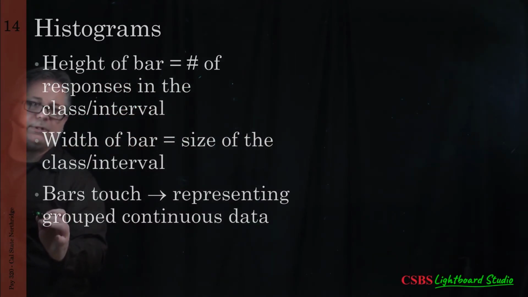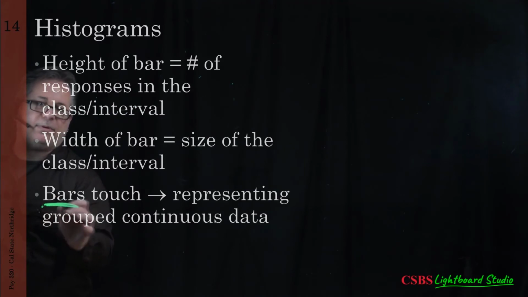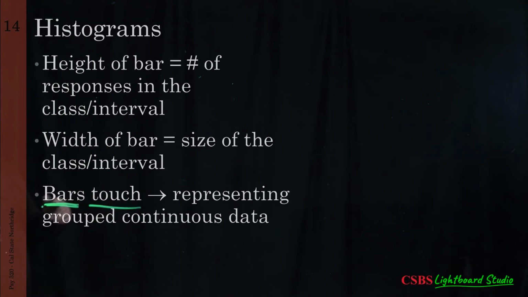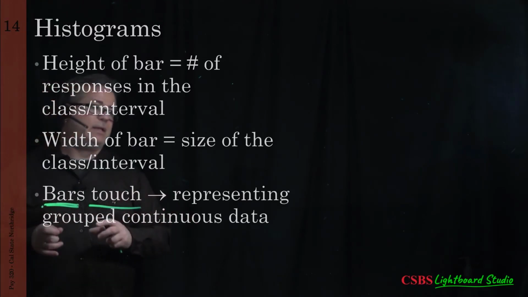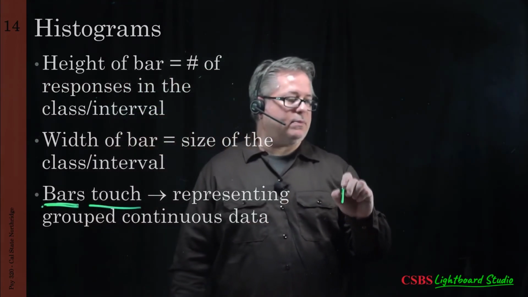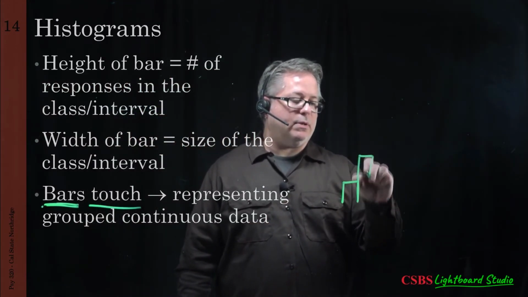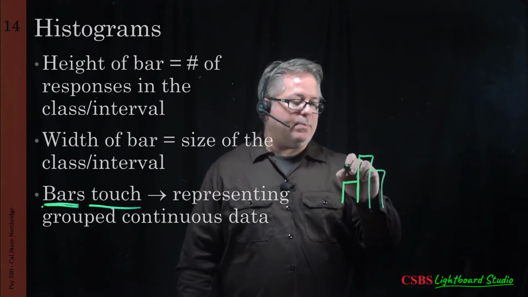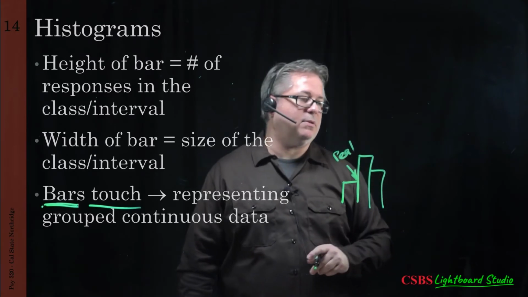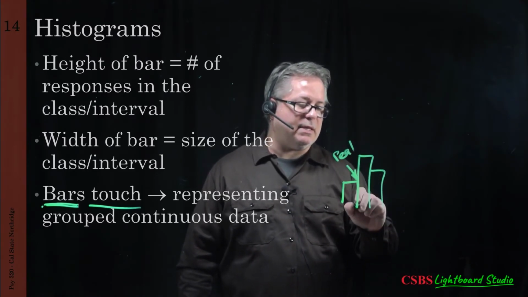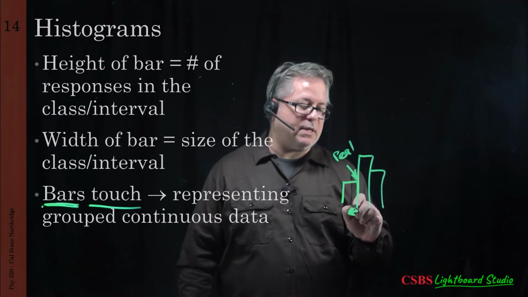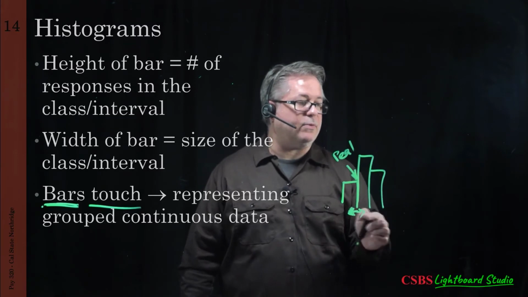If the bars are touching, right, the bars touch one another, that means that it is continuous data that's been grouped into classes, and the reason why they touch is because the point in which they're touching represents the real limit between the classes. This line is what separates you either being in this class here versus that class there. Right? It's actually the dividing line.